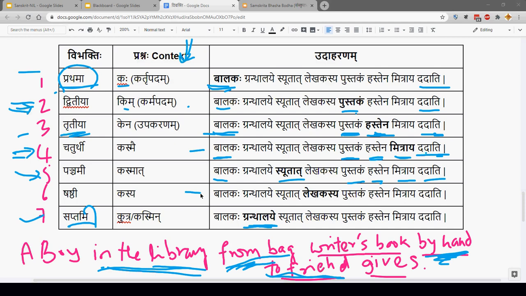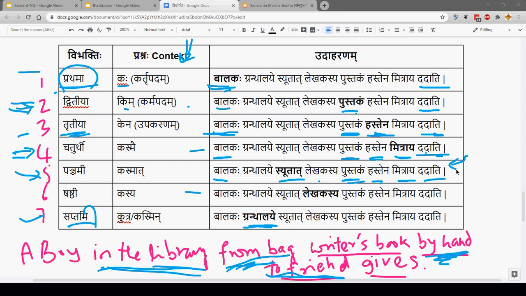Now, so far we have Balakaha, boy, Syutat, from the bag, Pustakam, book, Hastena, using hand, Mitraya, to the friend, Dadati, gives. Now, on the Pustaka, we can ask the question, whose book? Now, when you ask whose, the question is not on the action.